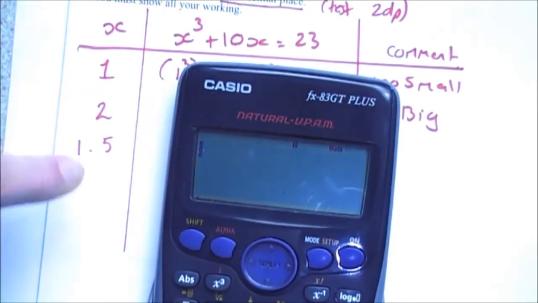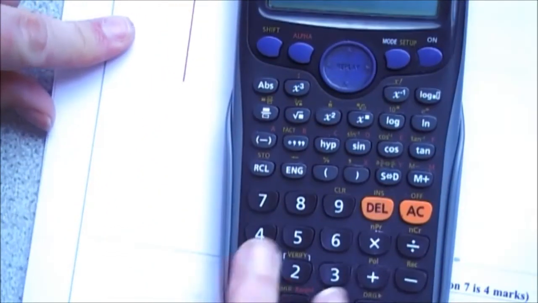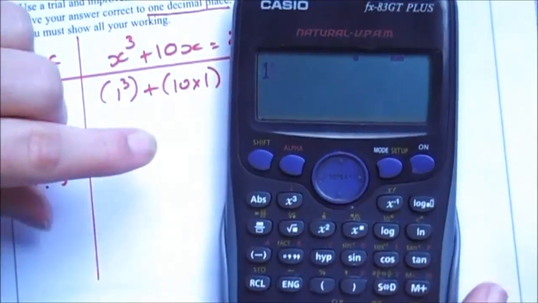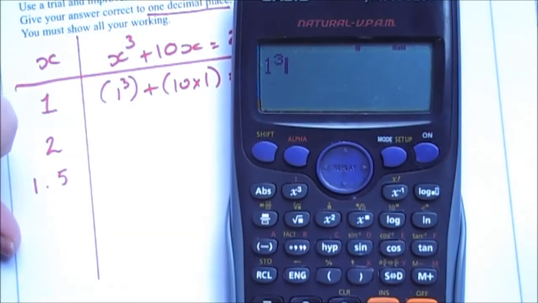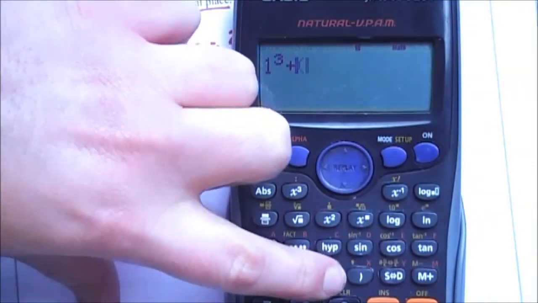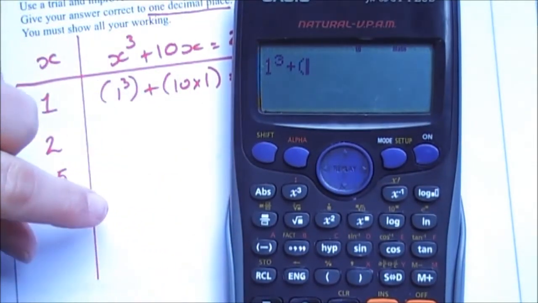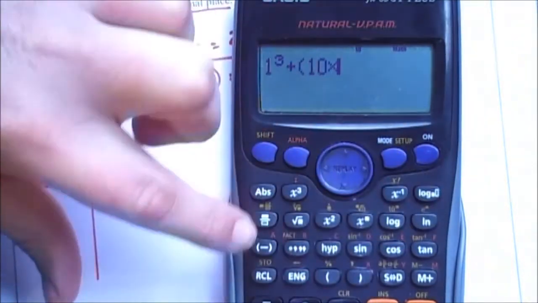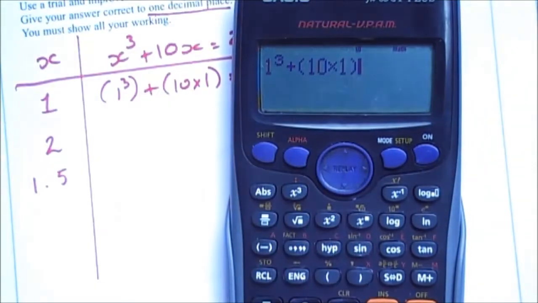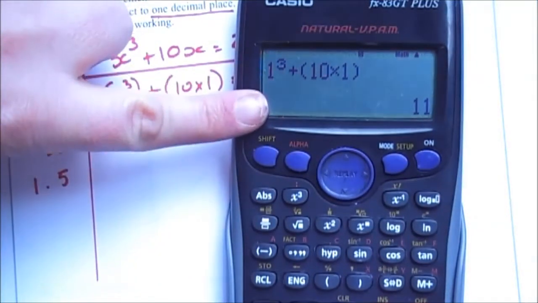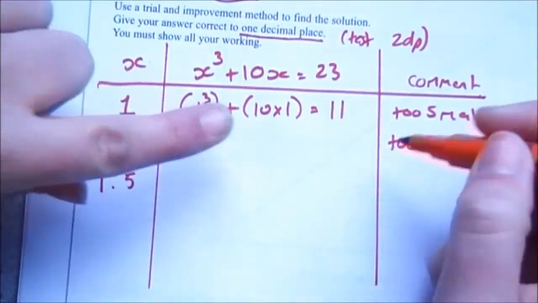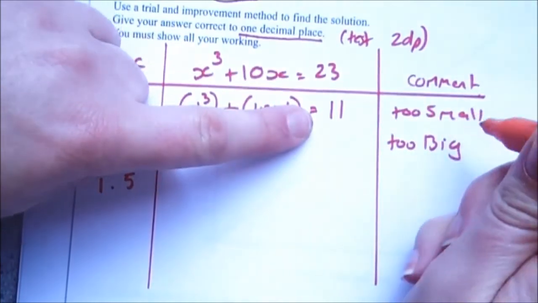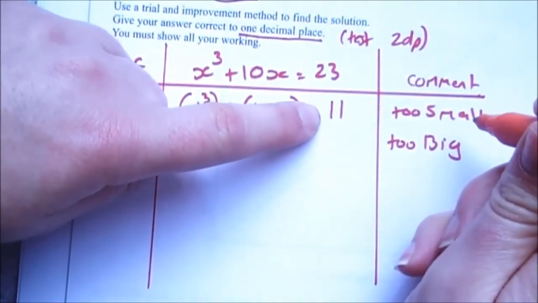I'm going to set it up as 1 cubed, so that's this button here, plus, then I'm going to open a bracket to do this, 10 times 1, and close that bracket off, and that equals 11. Now I'm keeping that on my display, you'll see why in a minute. So that equals 11. And I wanted 23, so as you can see, 11 is too small.